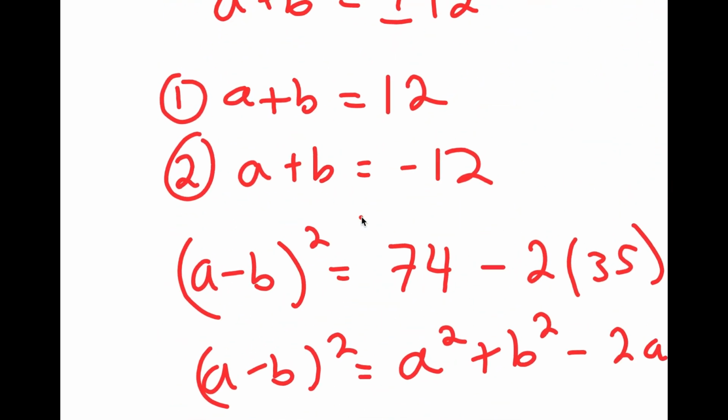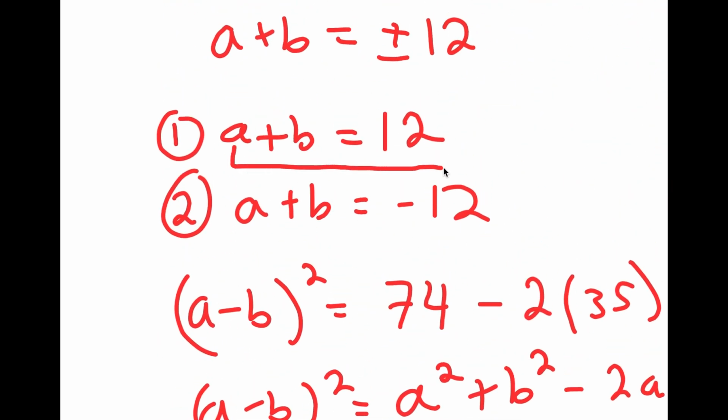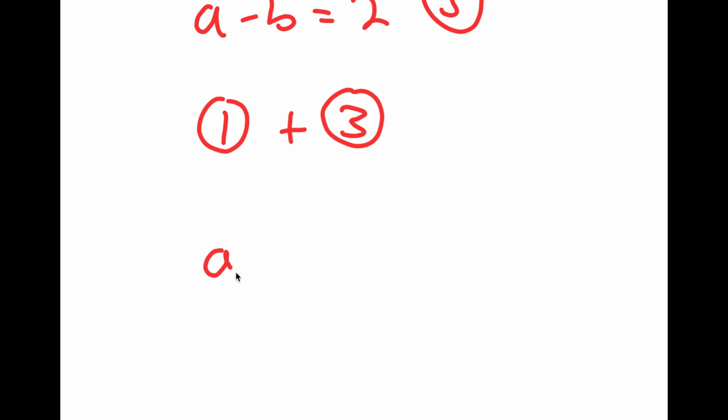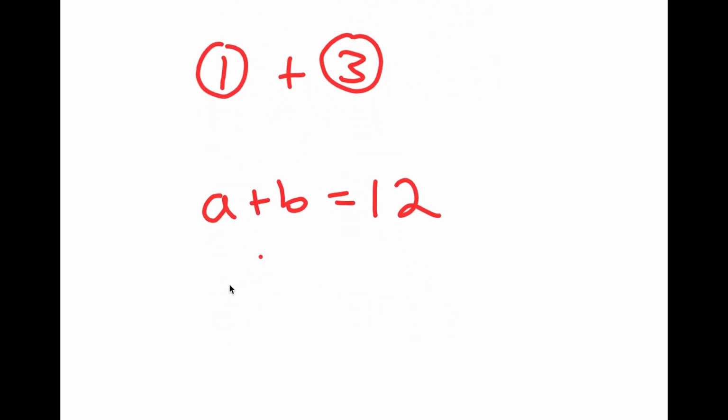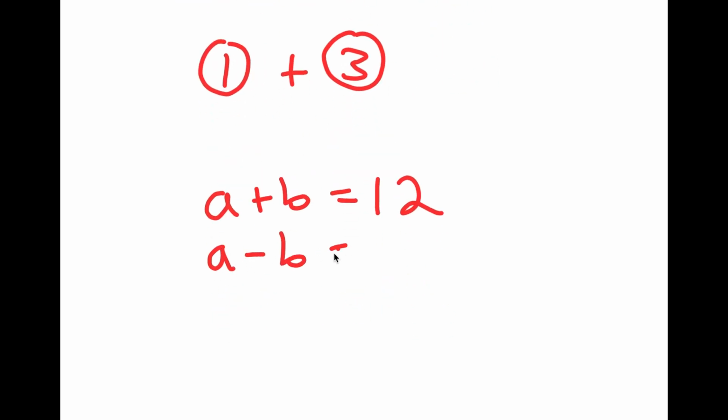So equation 1, going back, is a plus b equals 12. And equation 3 is a minus b equals 2. So I get a plus b equals 12 and a minus b is equal to 2.